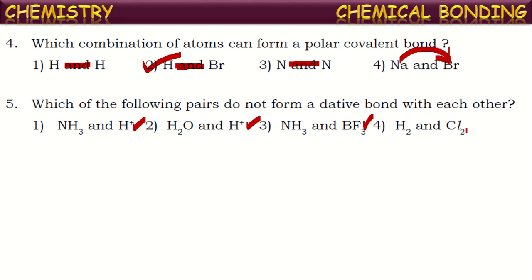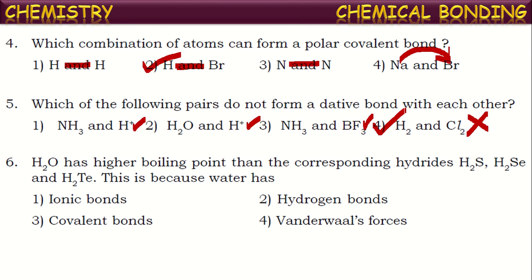But hydrogen and chlorine molecules cannot participate in dative bond formation because in the H2 molecule there is no vacant orbital. Already they are bonded, they have completed their duplet. So this is the pair which does not form any dative bond. This is correct. H2 and Cl2 do not form a dative bond.